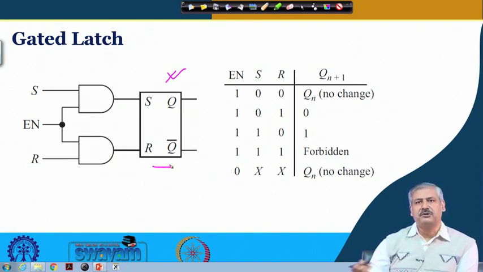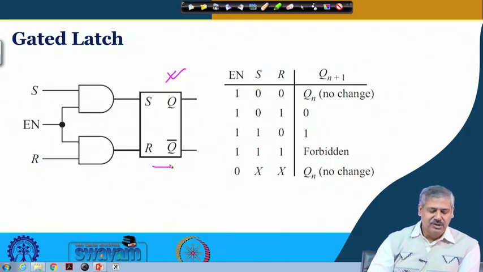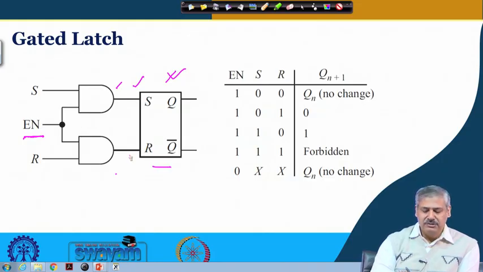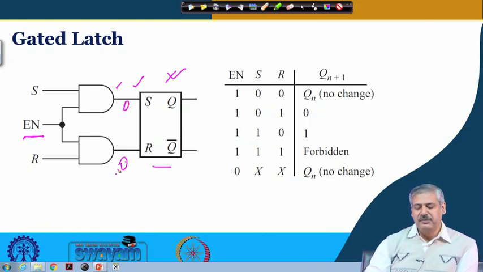That part we shall see in a more elaborate circuit later. What we are doing here is making S and R go through two AND gates like this, which has an enable input. So, when enable is 0, these two outputs are 0. That means the previous state is retained. So, this is the no change case.